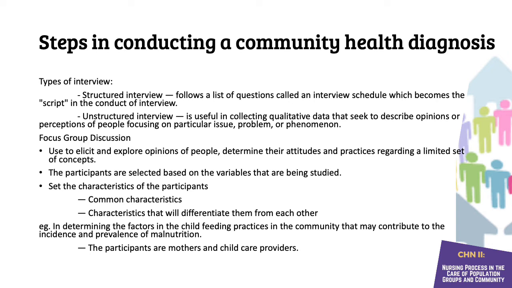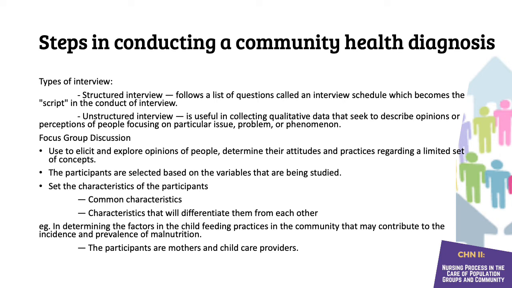We have the focus group discussion. Okay, what is the focus group discussion? Its aim is to elicit and explore opinions of people and determine their attitudes and practice regarding a limited set of concepts. Okay, so the participants in your focus group discussion are selected based on the variables that are being studied.